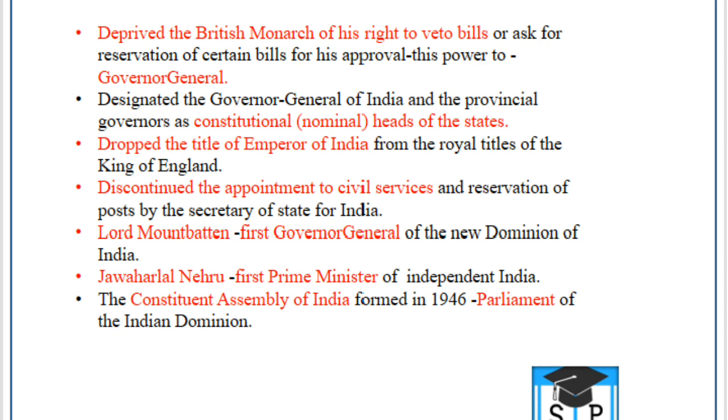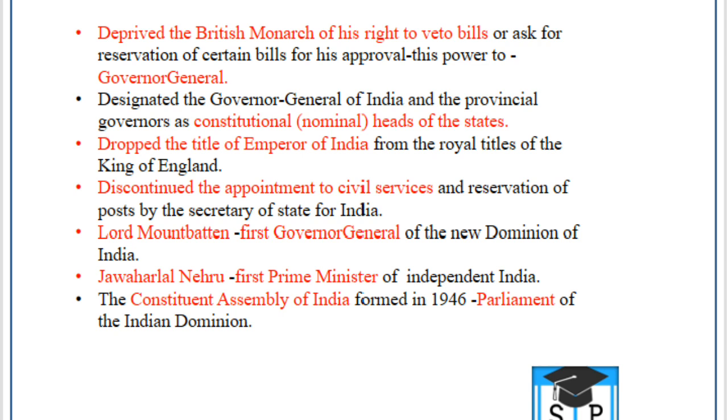This act also deprived the British monarch of his right to veto bills or ask for reservation of certain bills for his approval. This right was reserved then for the Governor General. The Governor General would have full power to assent to any bill in the name of His Majesty.